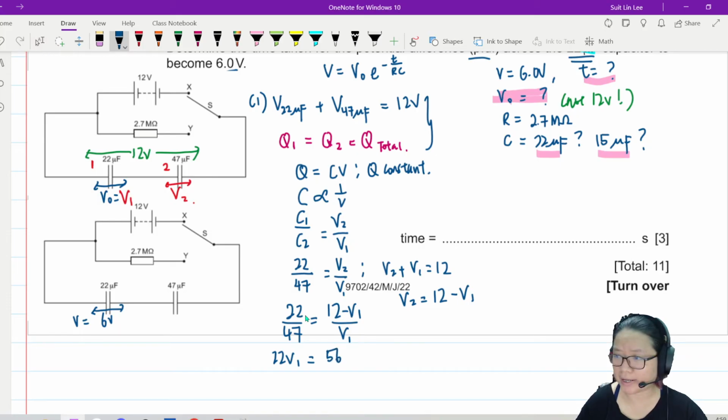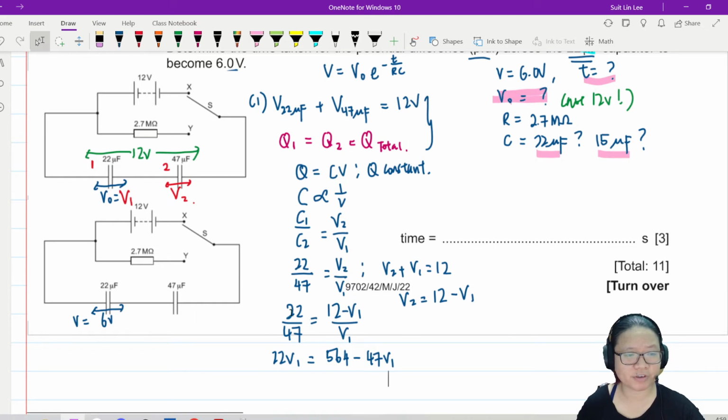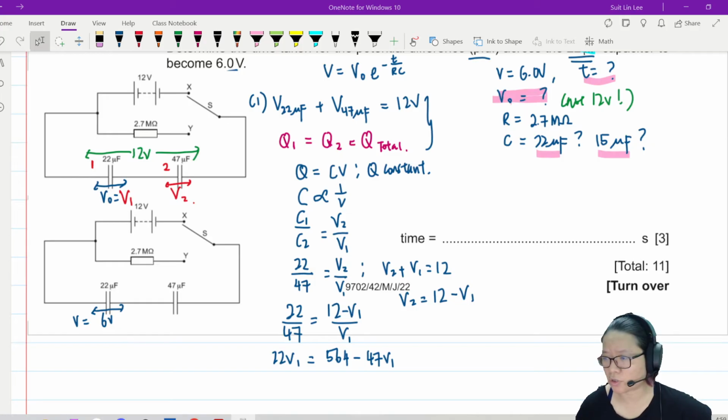I cross multiply: 564 minus 47 V1. V1 goes up here, 47 with 12 gets 564, and 47 V1. So if I take 47 and add that to 22, this will give me 69.